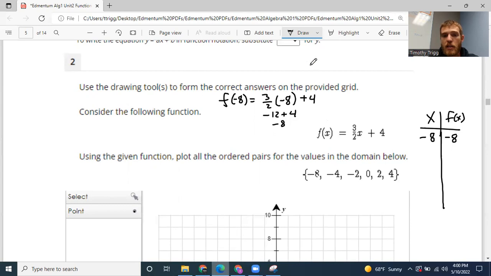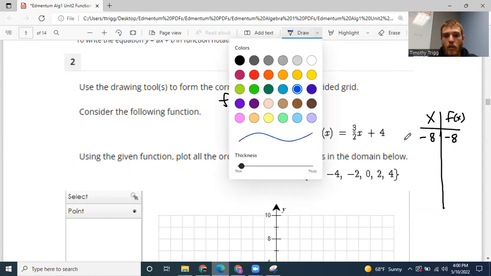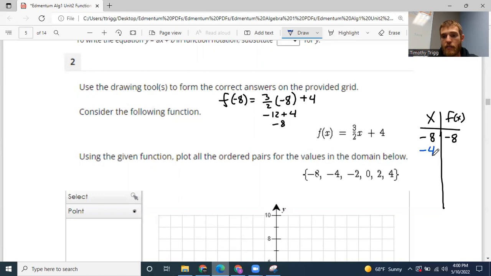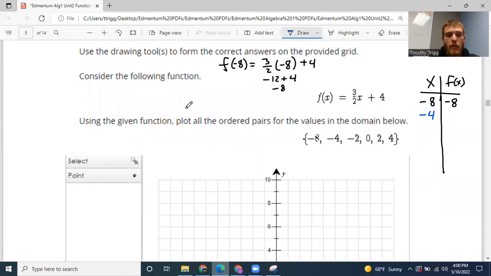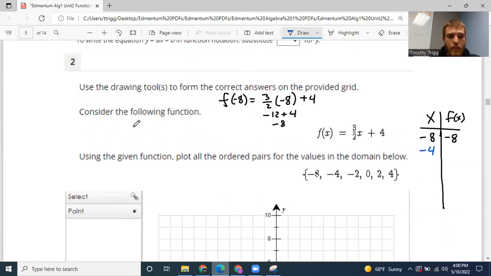I'm going to go ahead and help you with the next point as well. So here we're going to try an input of negative 4. I'm going to go ahead and change colors here. Let's figure out what the resulting output would be. So I'm going to use the same function, but this time I'm replacing the input with negative 4. So 3/2 times negative 4 plus 4.